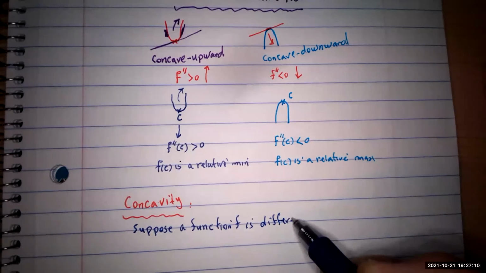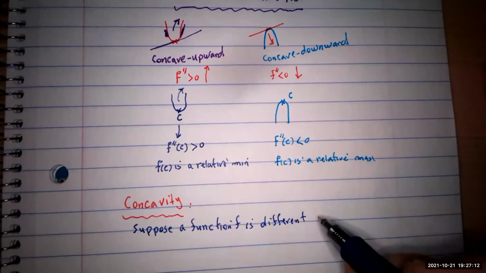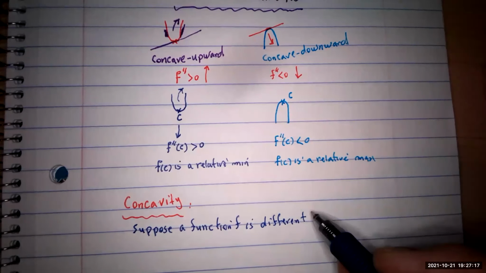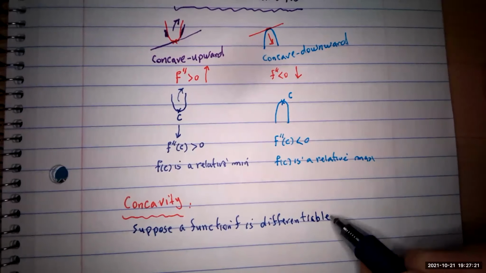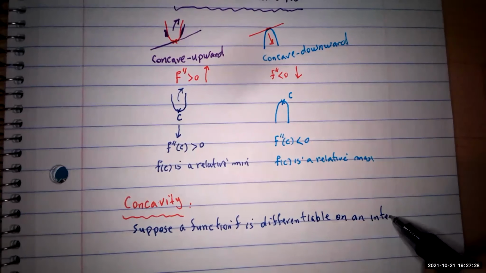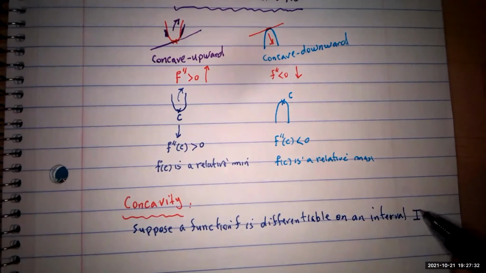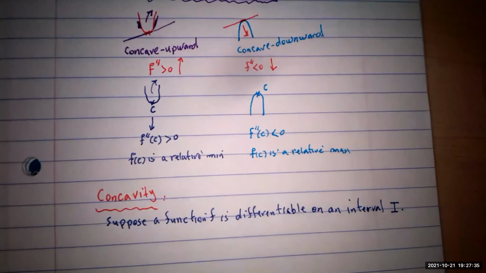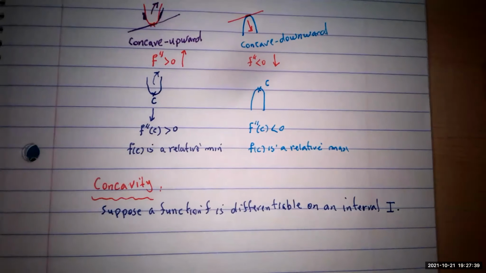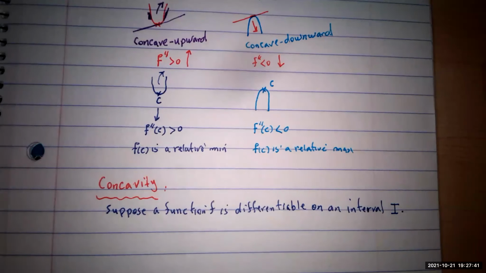It must be differentiable, otherwise you can't do it. Suppose a function f is differentiable on its domain or on some interval, let's say I, for example the interval from -1 to 5. That would be the case for the function.